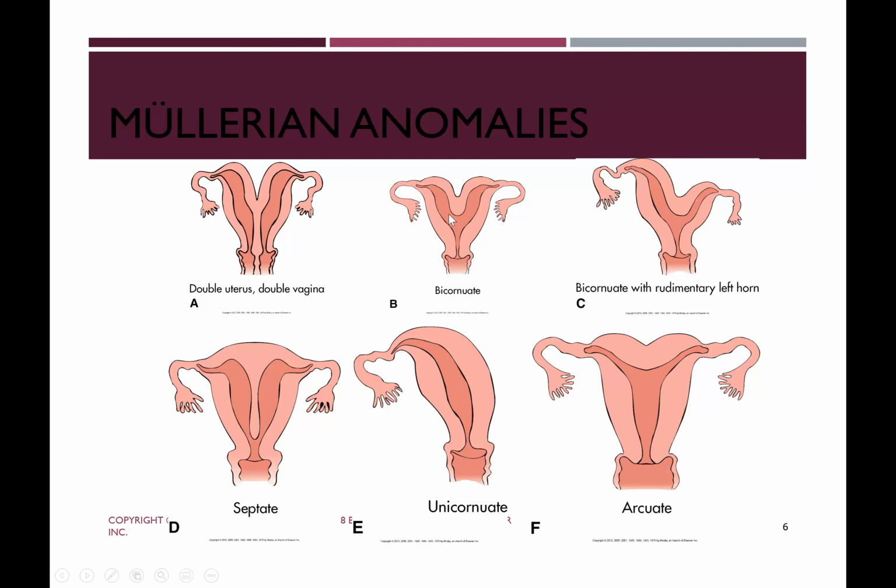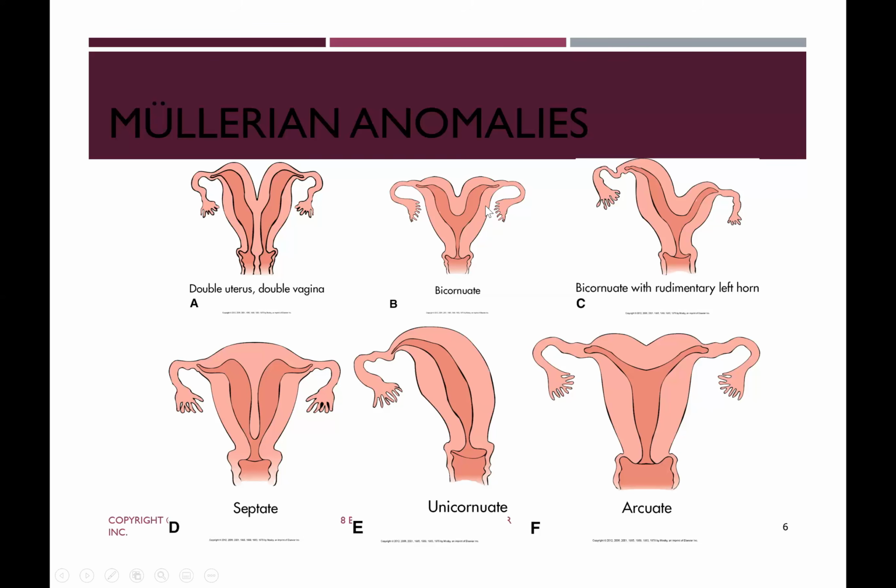Now, the problem with a bicornuate uterus is that when a patient gets pregnant and the embryo is implanted, it could potentially cause some issues because they're not having as much room as normal to be able to develop.